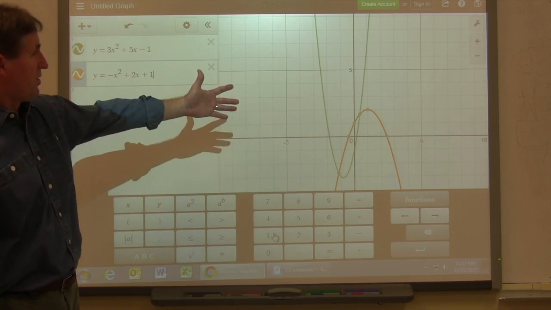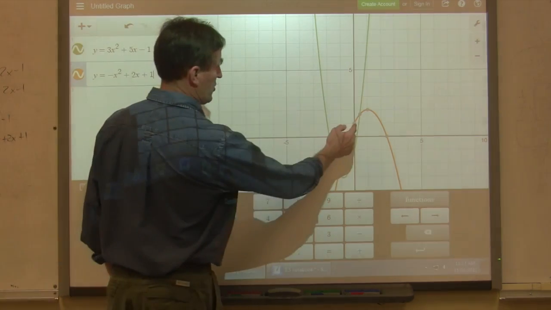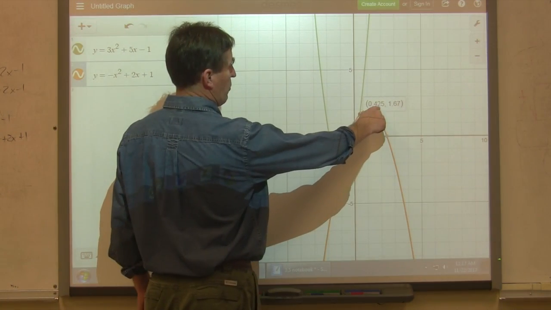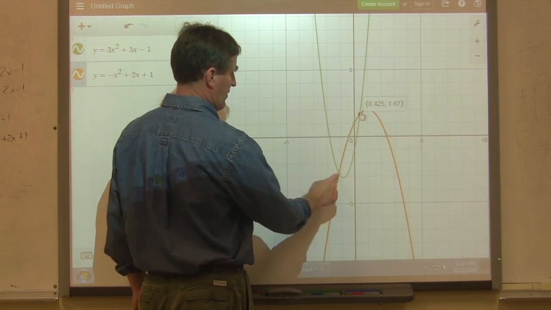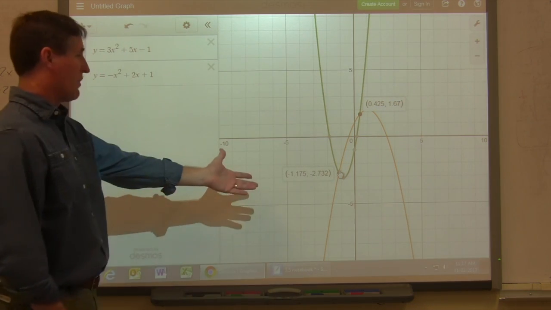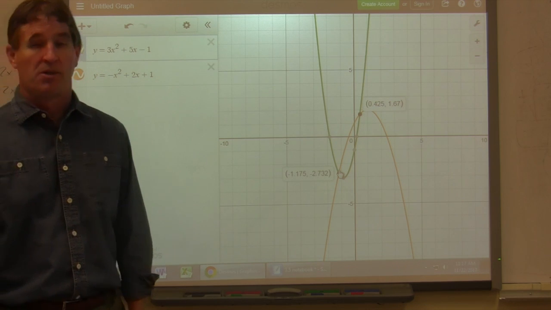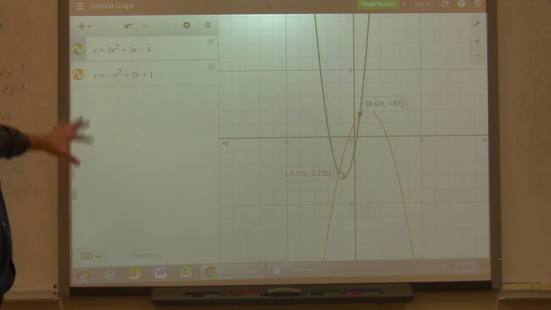And we have our two equations, and we just look for the intersection point. So one of them is 0.425 and 1.67, and the other one is negative 1.175 and negative 2.732. So it's easy to find them. You just type them in.